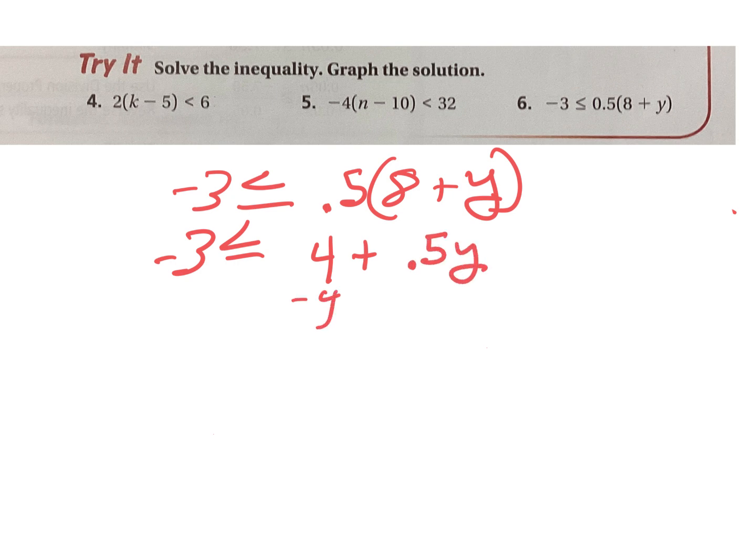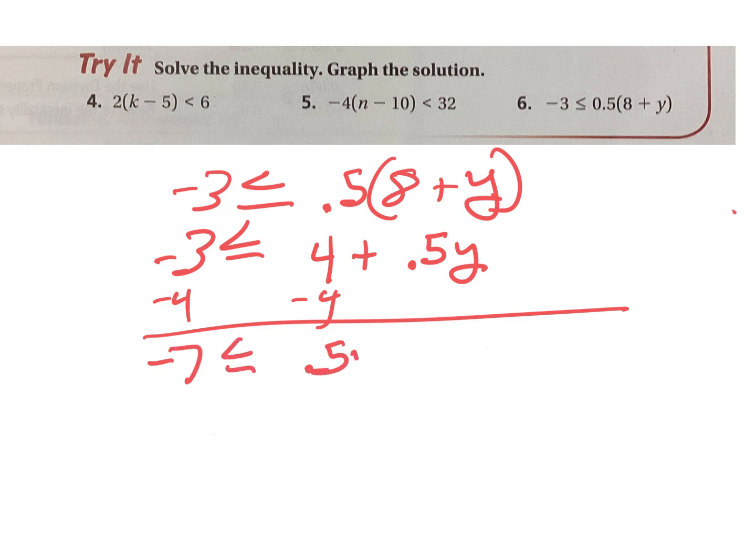I'm going to get rid of this 4, get rid of that 4. And by doing that, I have a negative 7 less than or equal to 0.5y. Now I'm going to divide this by 0.5, divide that by 0.5.